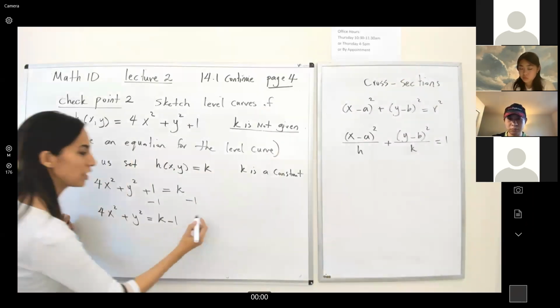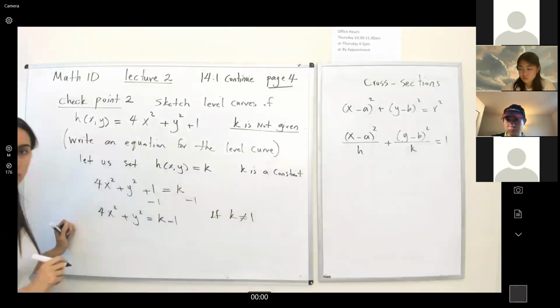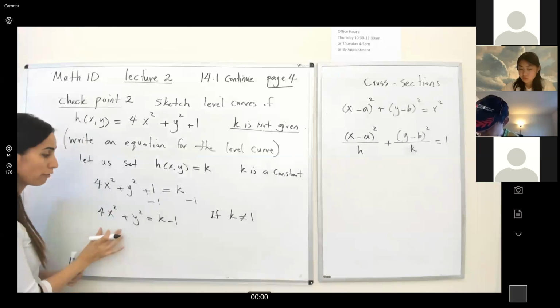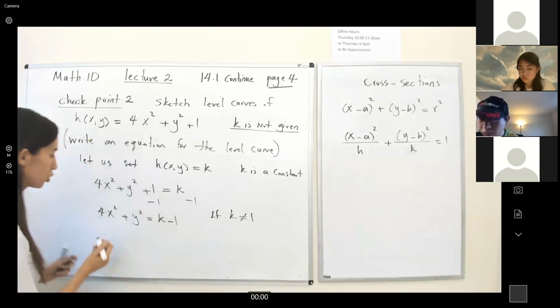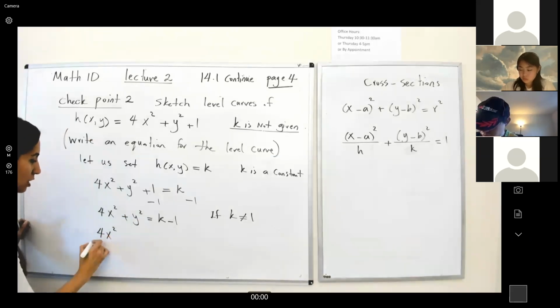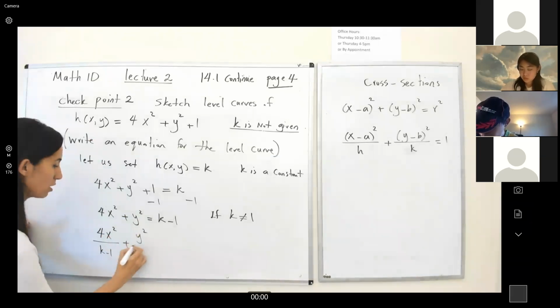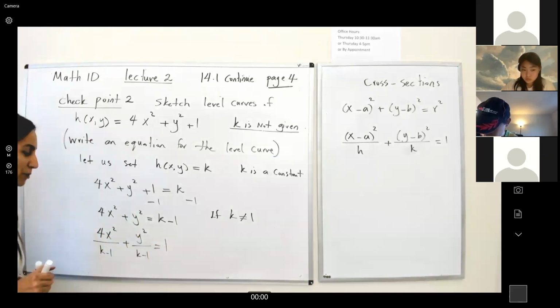Now, if k is not equal to 1, I'm allowed to divide everything by k minus 1. So what do I get? I get 4x squared divided by k minus 1 plus y squared over k minus 1 equals 1.